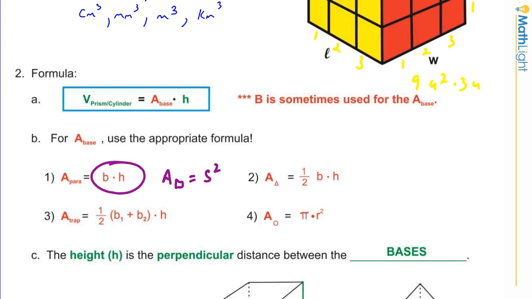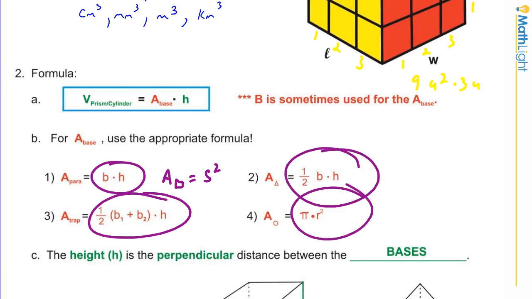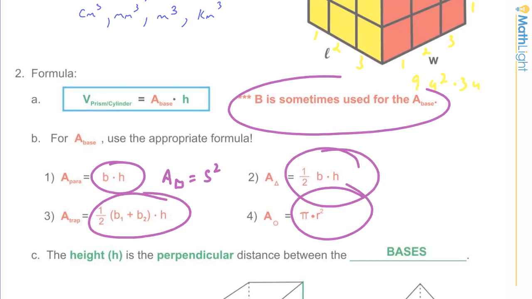Sometimes with a square, we could use side squared, the shortcut, or base times height. Could be a trapezoid, could be a triangle, could be a circle, right? Or they could give you the area of the base with a capital B, and they'll do that sometimes. That's an easy problem. Whatever the value of the capital B is times the height, and it'll give you the volume. All right? So volume of prisms and volume of cylinders.